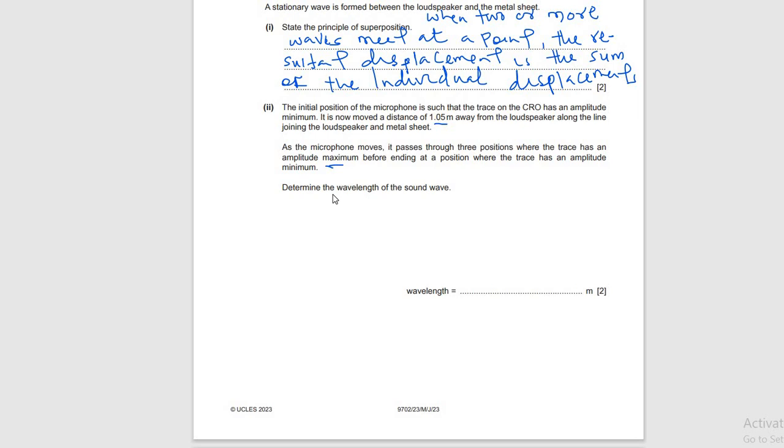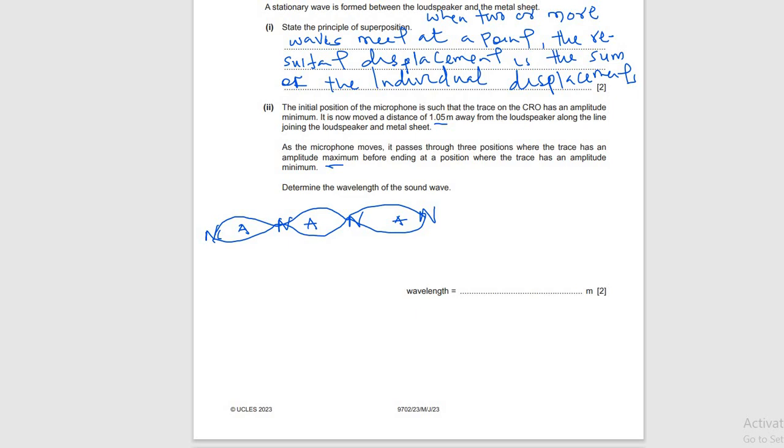So I think it looks like something like this. And the question said they form a stationary wave. So here is antinode, node, antinode, node, antinode, node. I think this is what the question is all about.